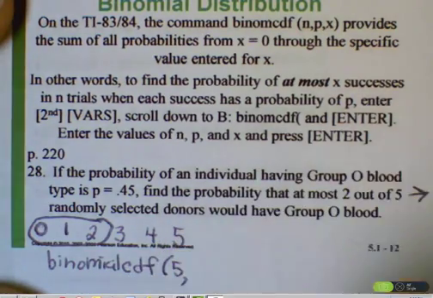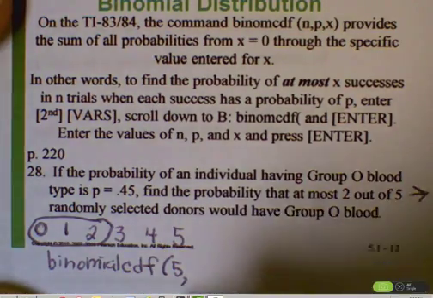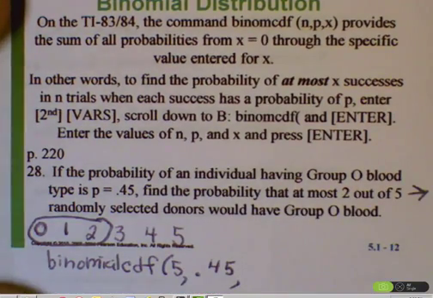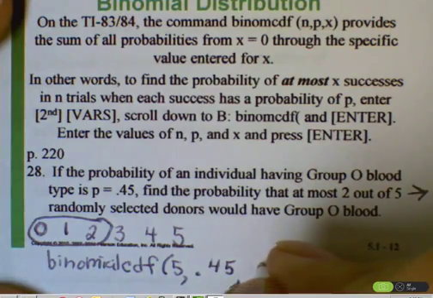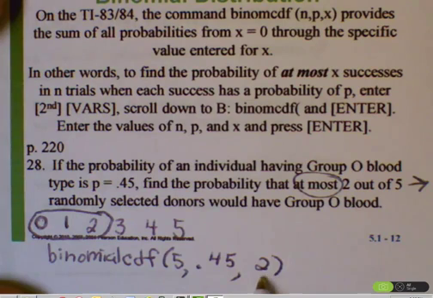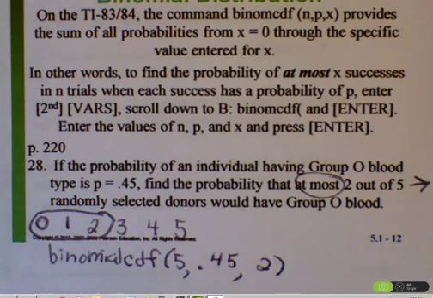N is the number of trials, P is the probability of having group O blood, because that's what we called a success, and I want the probability of at most 2. So 2 is where I want the calculator to stop adding up the probabilities.